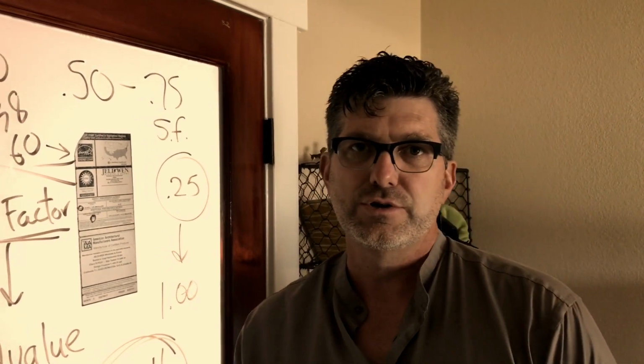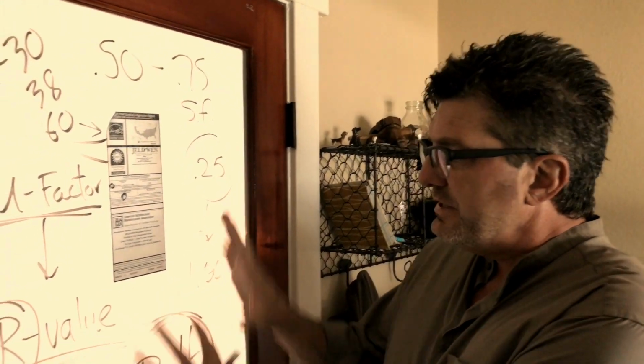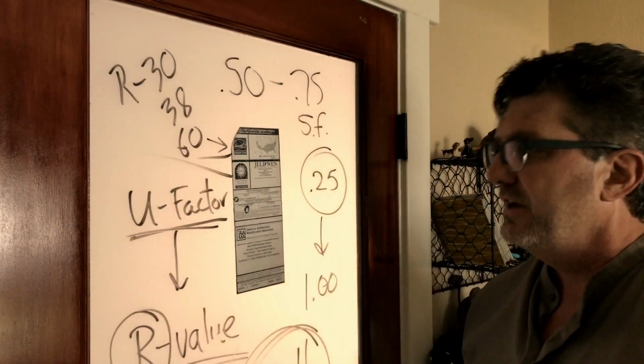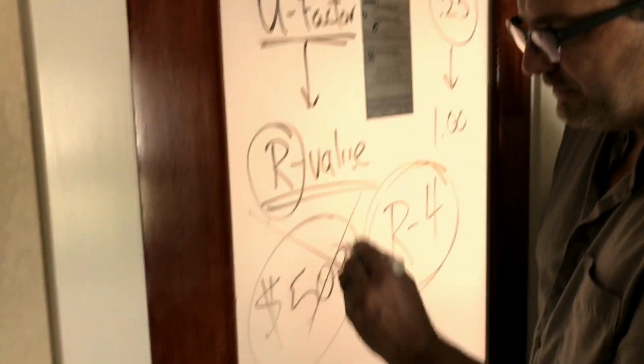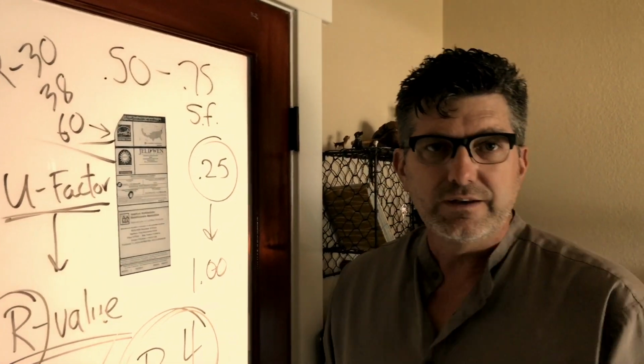That's what's going to save on your energy bills. If you want to change out the windows, great, go for it. Just don't be duped by all the fancy stuff here and think that this price right here is going to be something that you can earn back in a couple of months.